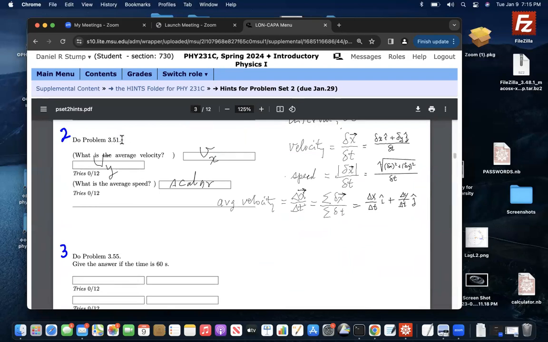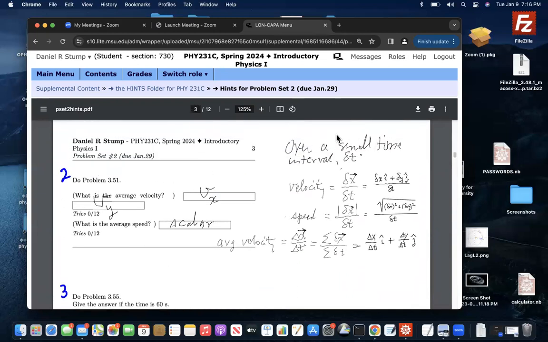There are about 100 problems at the end of each chapter. Now, we're not going to assign 100 problems. We'll assign maybe 10. But anyway, it gives you an idea of what equations and ideas you need to use, and if you try the problem without the hints, but need a hint, this will give you some idea.